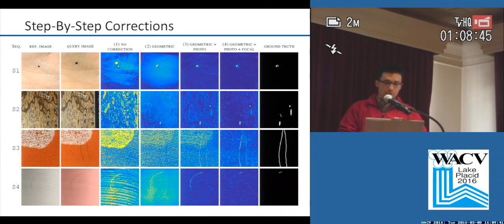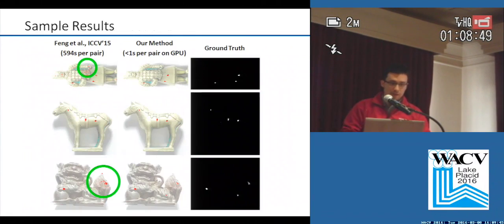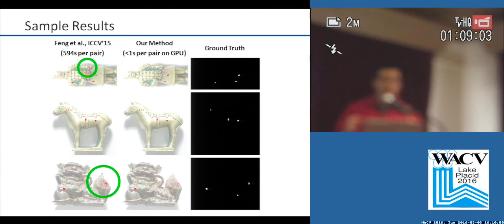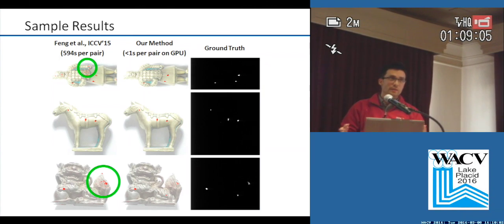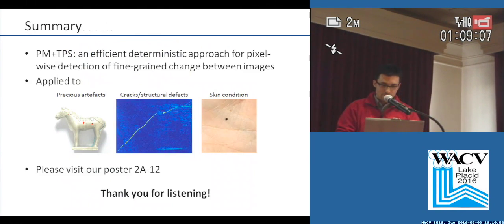And so this is suitable for things like skin condition monitoring or detecting fine cracks. And finally, a comparison against the state of the art, which is a publication from ICCV last year. Our method performs quite similarly, better on certain data sets, worse on others, but it's a lot faster, a lot more efficient, and a lot easier to understand what's happening.